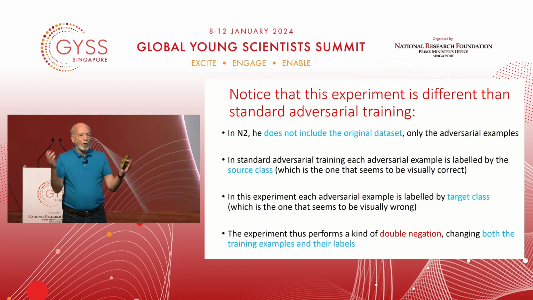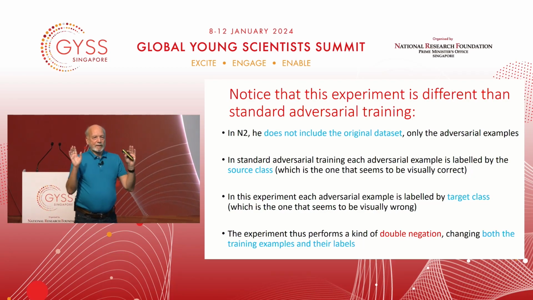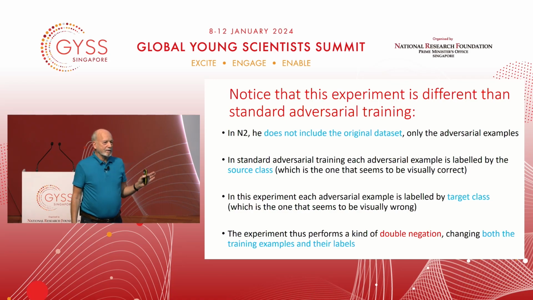And now they took only the adversarial examples, not the original ones. So the new training examples contain only things that look like cats, but are labeled as guacamoles, and only things which look to a human like guacamoles, but all of them are called cats. And you train a new network on the examples with the incorrect labels that I just mentioned.